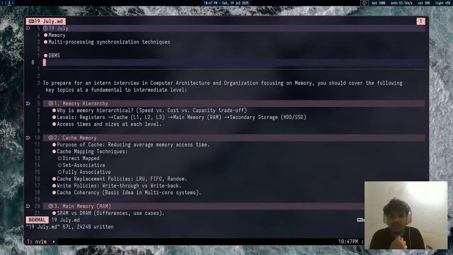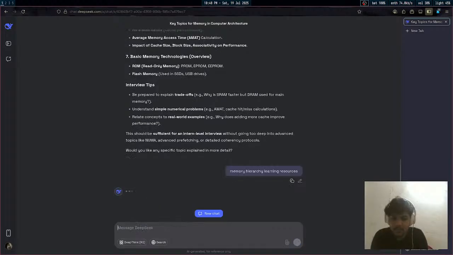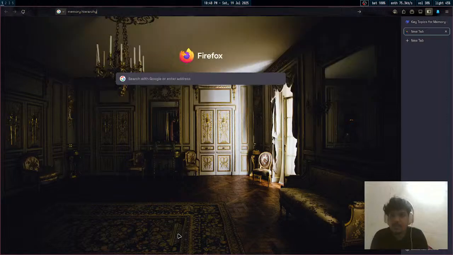So memory hierarchy. Let me check for resources for memory hierarchy. I think I should increase size for this as well, but not for now. When I will read into something, I will. Let me also look for memory hierarchy and its characteristic.